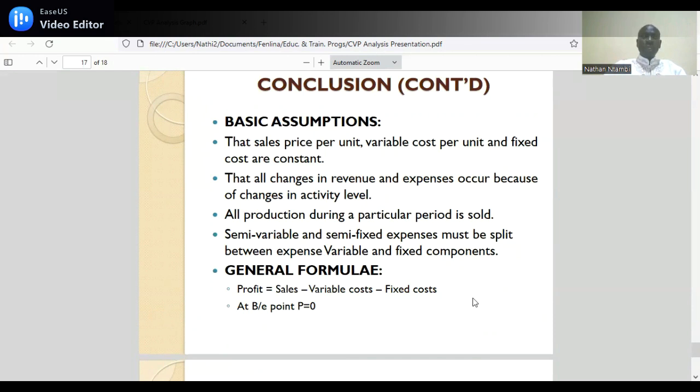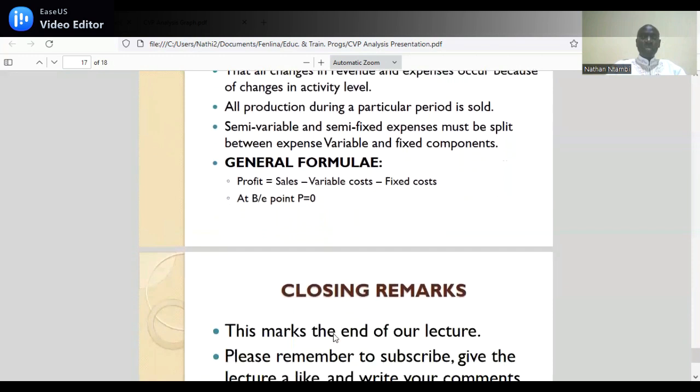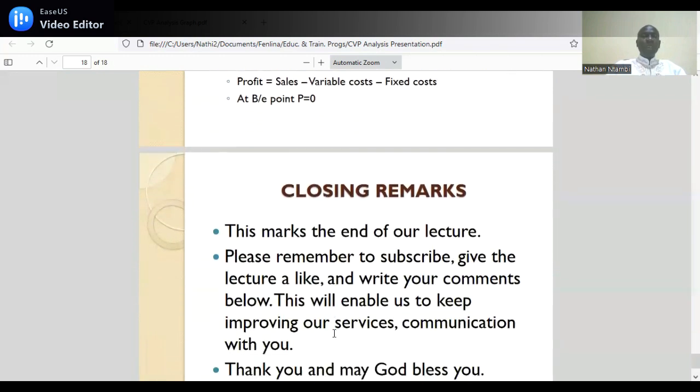All production during the particular period is sold. Semi-variable and semi-fixed expenses must be split between the expenses, which are variable, and fixed components. And lastly, we should not forget our formula of profit equals sales minus variable costs minus fixed costs, and also to emphasize the fact that at break-even point, the profit is equal to zero.